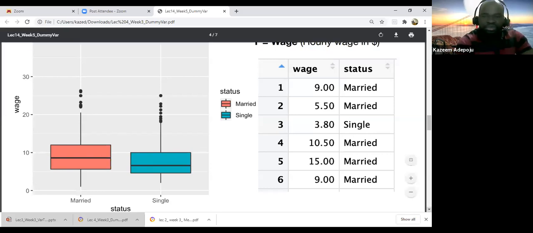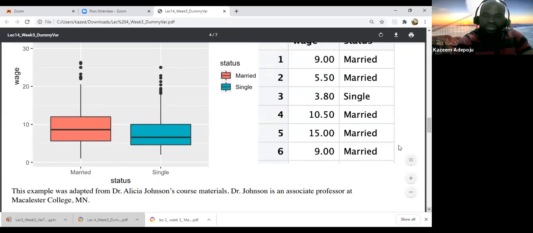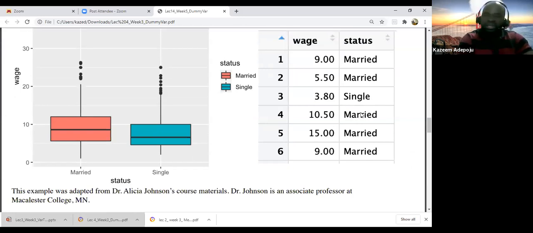Based on this data right now, I'm going to be putting 0 and 1. I can let married be 0 and single be 1. I'm going to assign 0 and 1 to that.